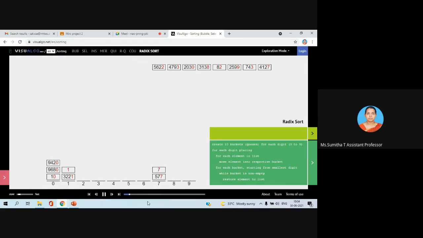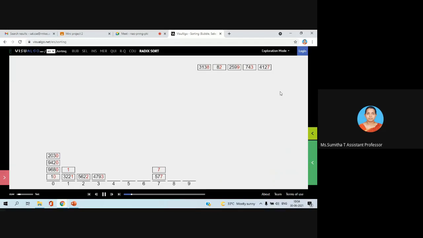So 7. Okay, see here the elements are arranged into the buckets. Now we have to pop out from the buckets, right?